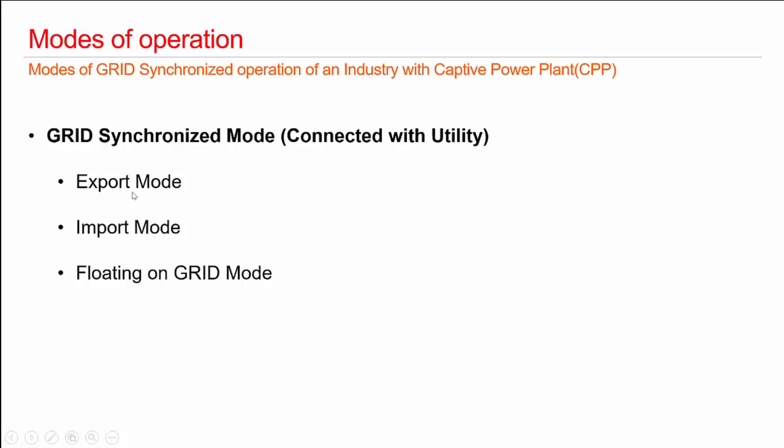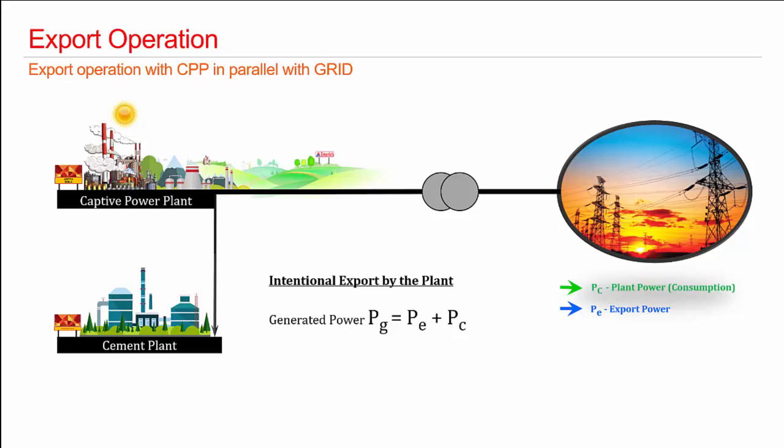Now in export mode, what happens is the captive power plant generates power higher than the cement plant requirement, which is the consumption in green color. In this scenario, the industry has an agreement with the utility wherein it will be paid for the exported kilowatt hours at a fixed rate.